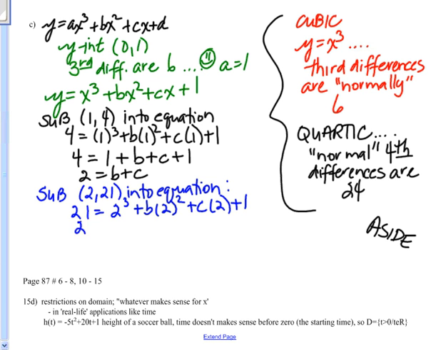Tidy it up. We're going to have 21 equals 8 plus 4b plus 2c plus 1. 21 take away 9 is 12. I guess I could make that a little prettier by dividing everything by 2.